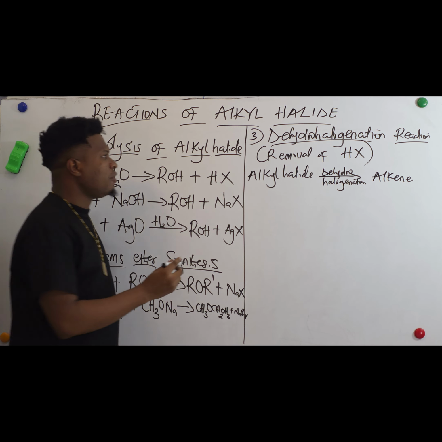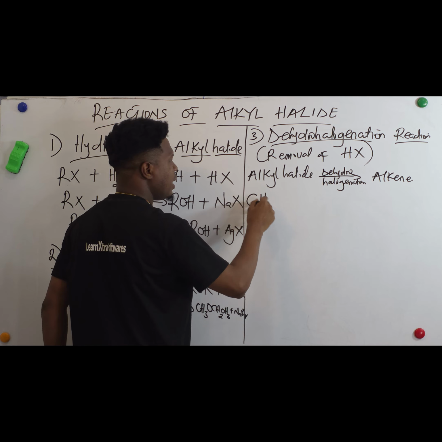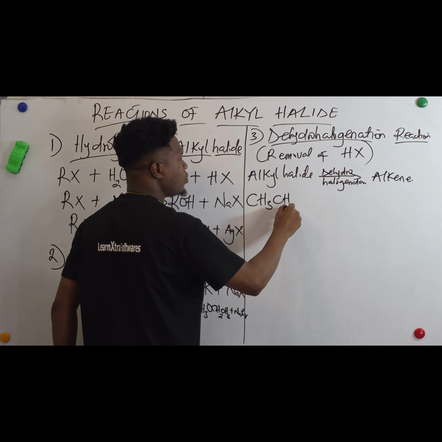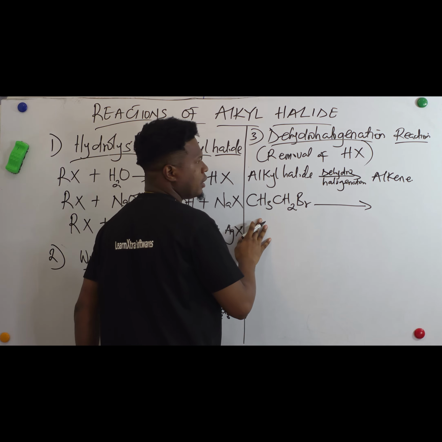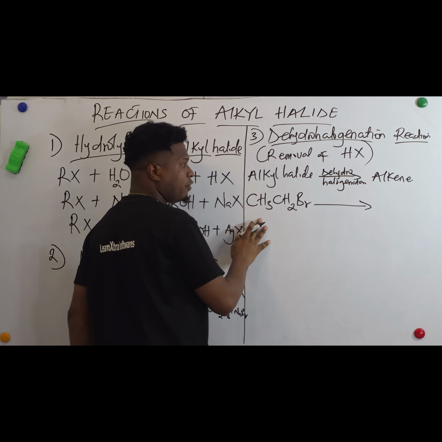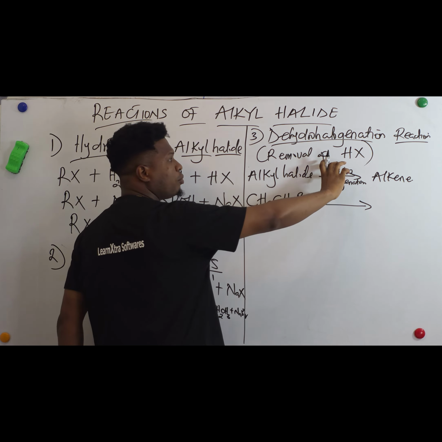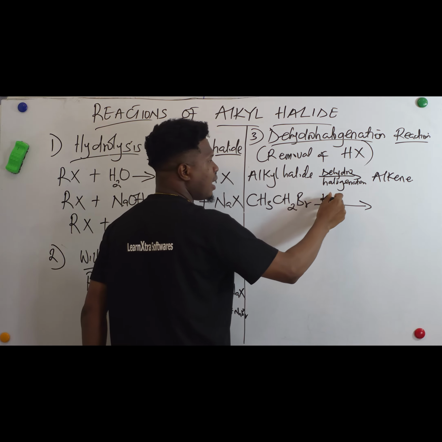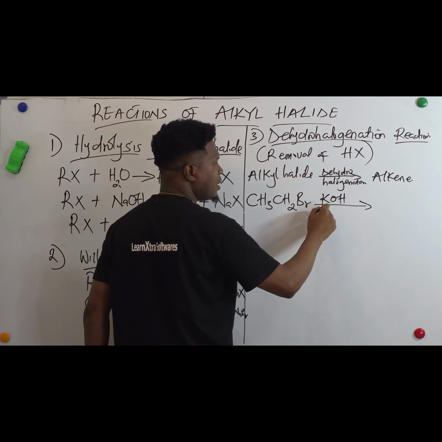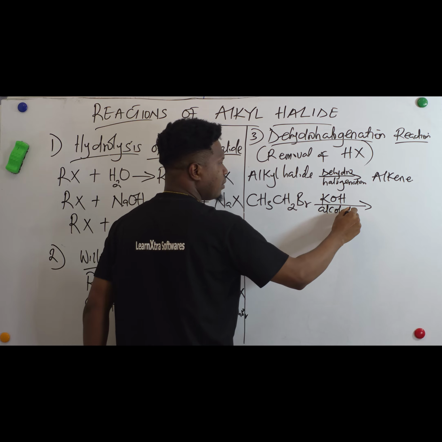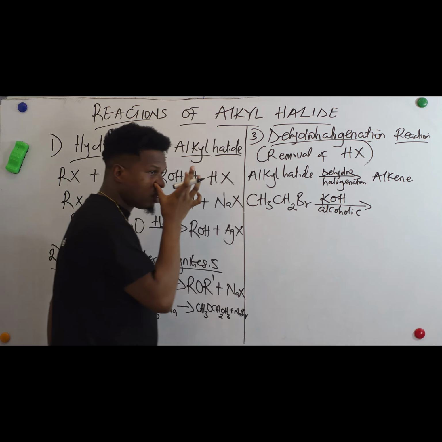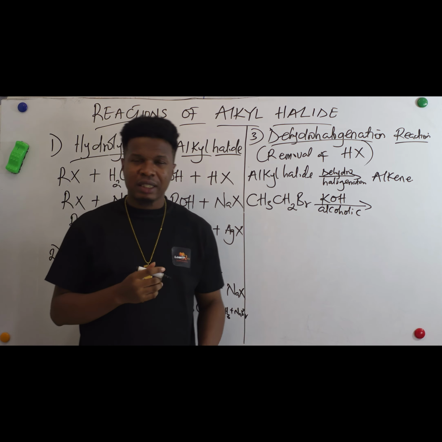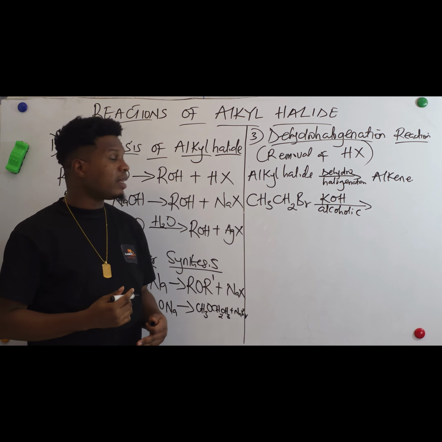So for example, if I have something like CH3CH2Br, the reagent needed for this elimination, the dehydrohalogenation process, is alcoholic alkali, that is, a solution of potassium hydroxide or any alkali, sodium hydroxide, in an alcohol such as ethanol, or any alcohol, ethanol most times.